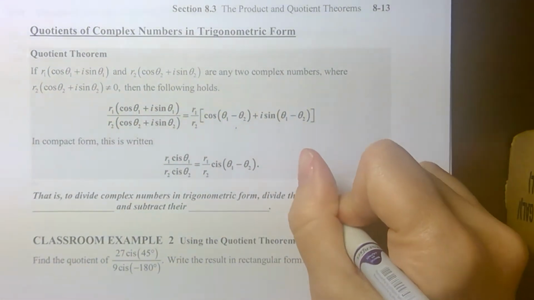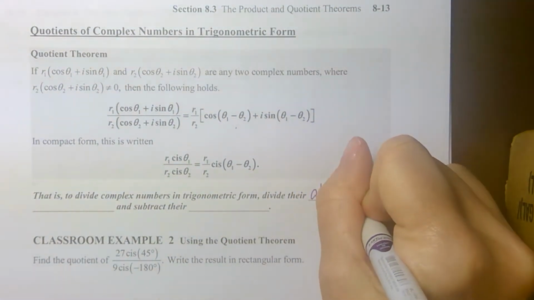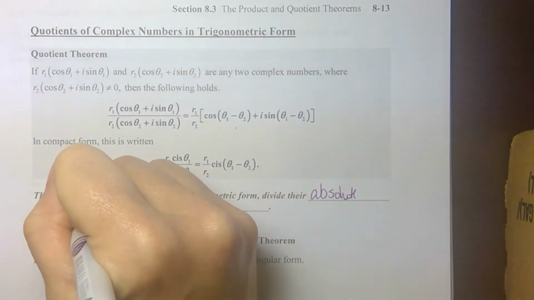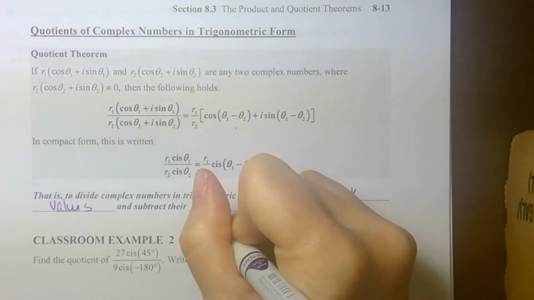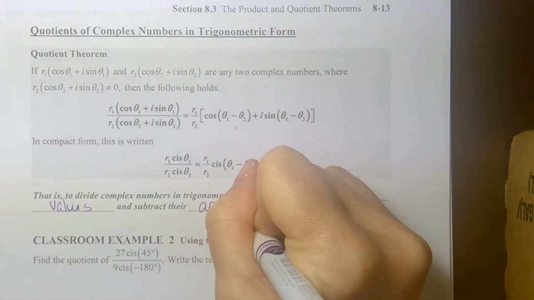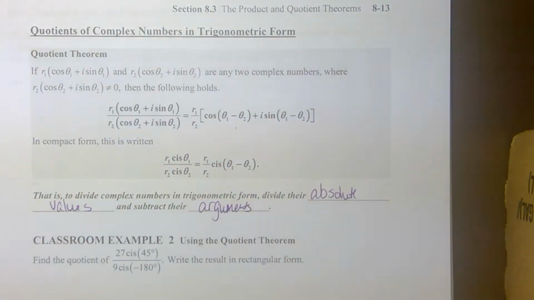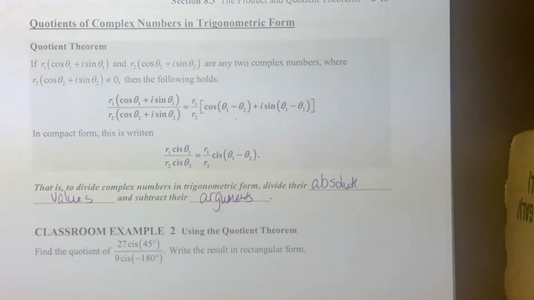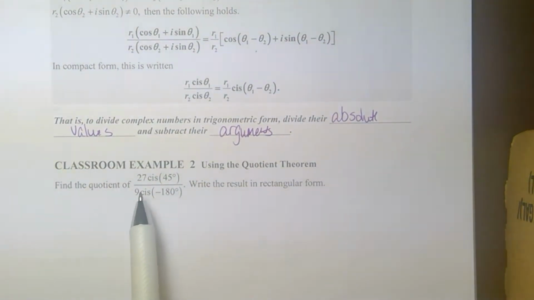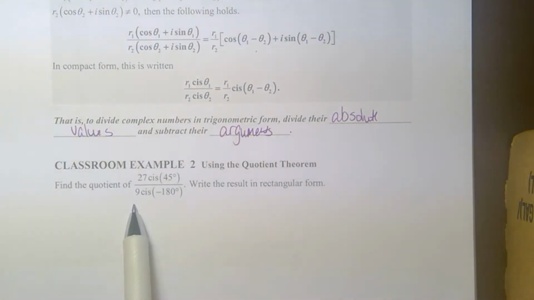Let's go ahead and write that down. We're going to divide the absolute values, that's my moduli, my R values, and I subtract the arguments. Okay. So our first example wants us to find the quotient of 27 CIS 45 degrees divided by 9 CIS negative 180.